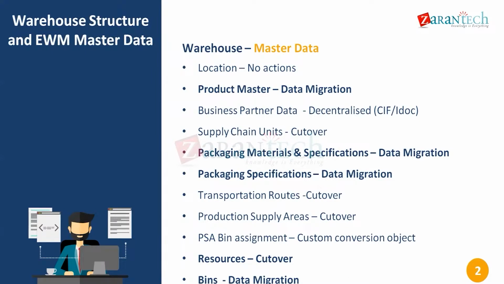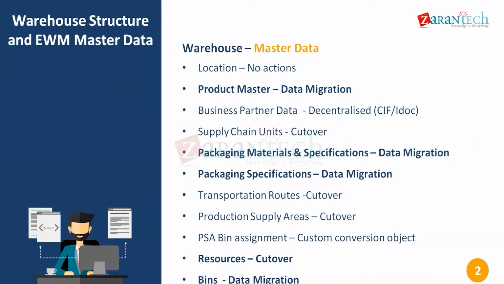Bins, we do involve our data migration team, and we need them to get the information from business and execute this upload for us, because the bins can be in thousands. For all our projects, the recommendation is to get these as a data migration object. Another important data migration object, which we'll discuss while we are covering this, is stock upload.